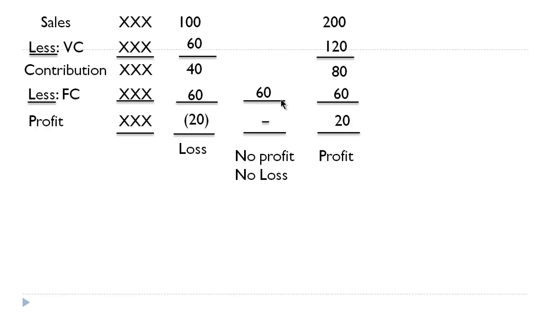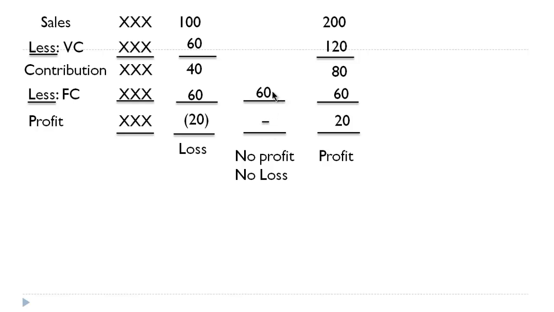So profit is a result of what? Profit is a result of removing fixed cost from contribution. Here when you removed the fixed cost of 60 from 80, you got the profit of 20. Here when you removed the fixed cost of 60 from 40, you got the loss of 20. Here you have nothing.